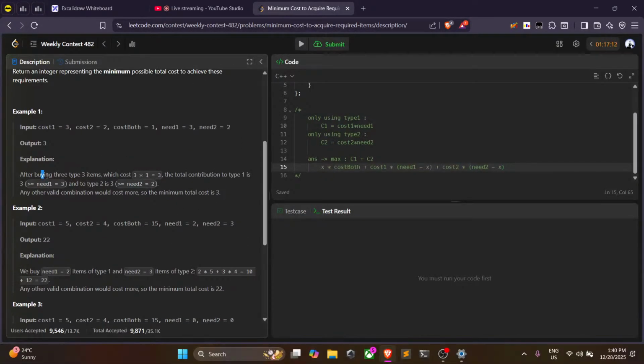Here it says when type 3 items was this, type 1 needed is, the total contribution, okay, just used both 3 times, didn't use this much.